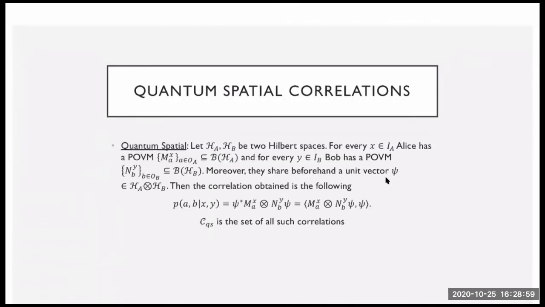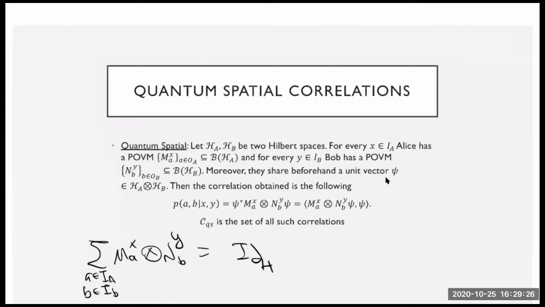So if you remember that, you see that this number is at least non-negative. And again, you can check that the fact that these are POVMs means that the sum over a and b of all these M_a^x tensor N_b^y is the identity of H_A tensor the identity of H_B.